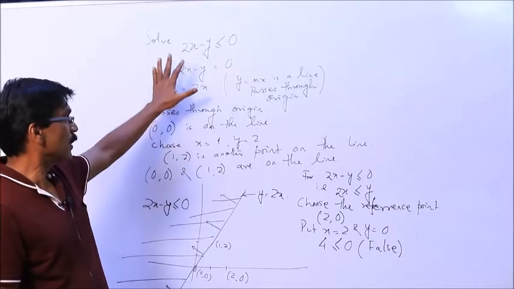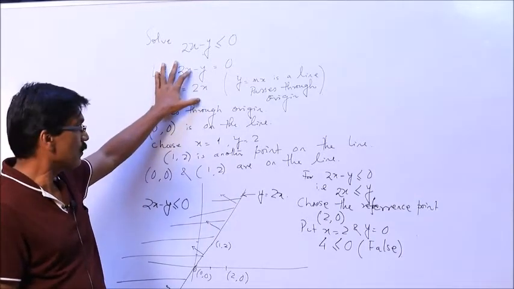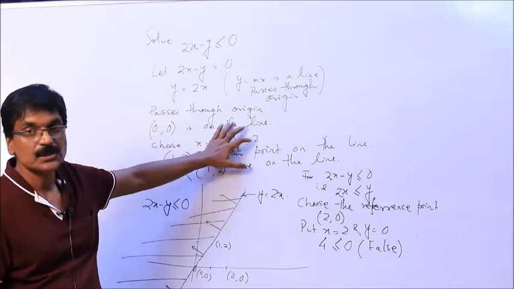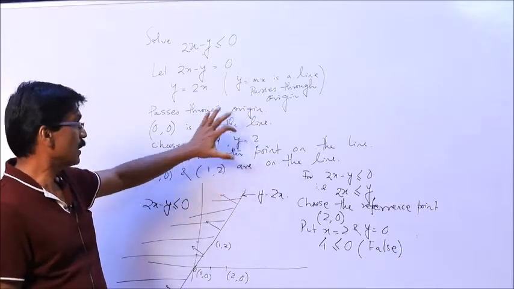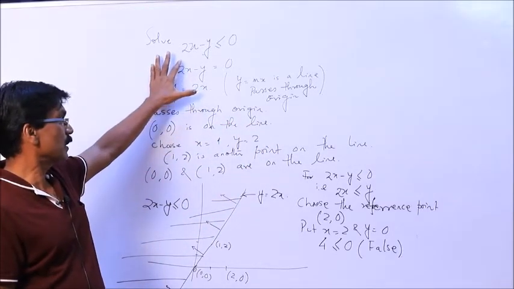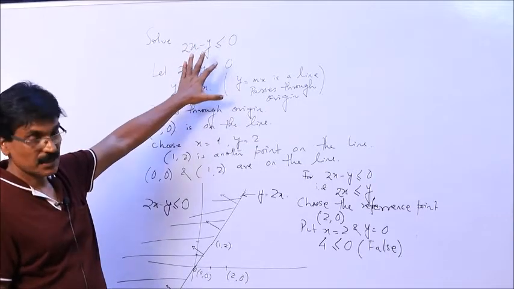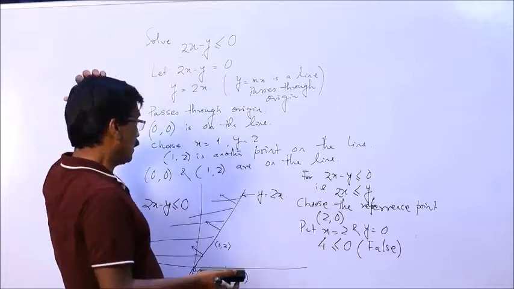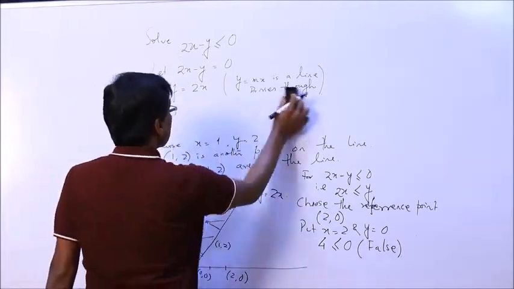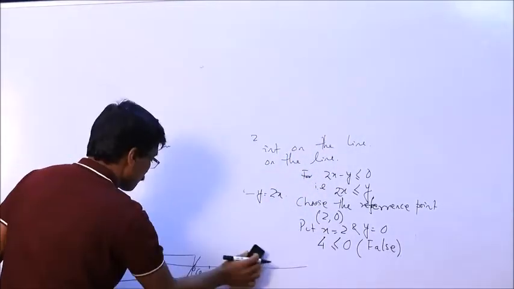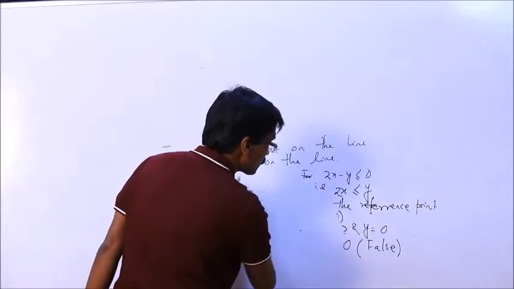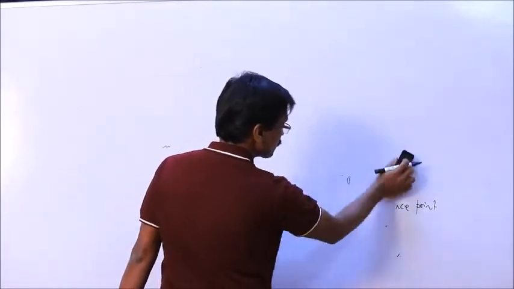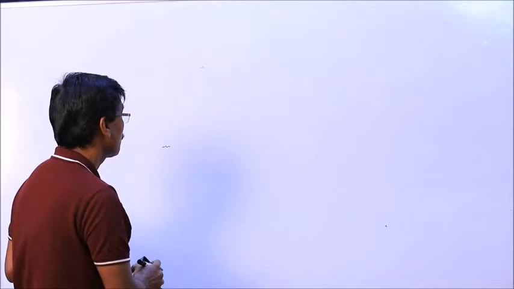So, we have graphically solved inequalities. Inequalities are either less than equal to, or greater than equal to. Now, we will take 2 or more equations. We have first 1 equation, then 2 equations, then we have 2 or more equations.